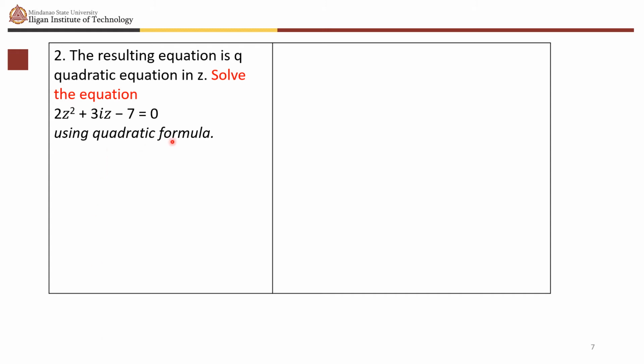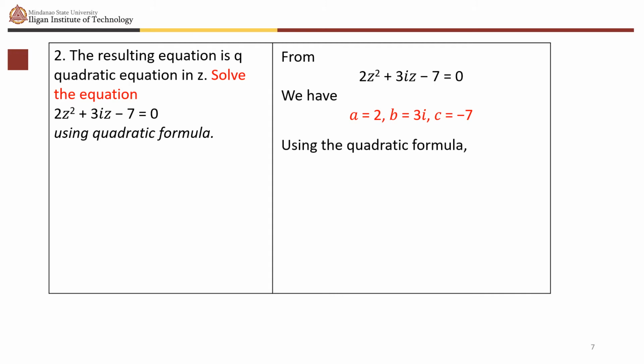the quadratic formula. If you remember, the quadratic formula is given by the equation minus b plus or minus square root of b squared minus 4ac all over 2a. So from here we have a is 2, b is 3i, and c is equal to negative 7.